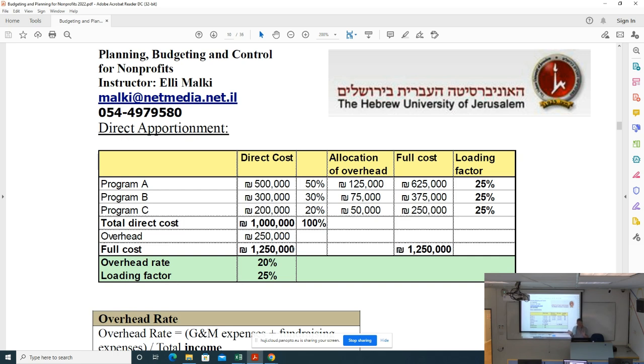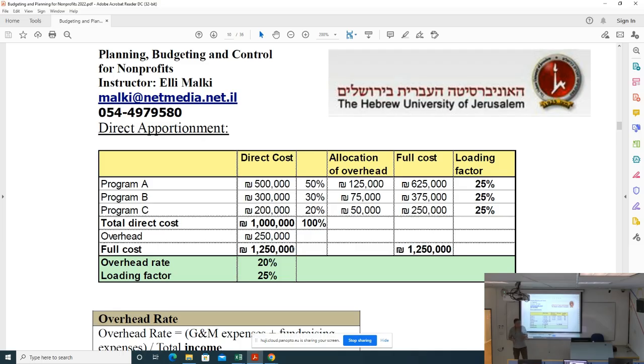In order to make sure that there is no mistake in my calculation, when I sum the full cost of all the programs, I have to eventually get the same number as here. This is my checkpoint. Okay, if I did all the allocation correctly, then the total cost based on full costing has to equal the total cost based on direct costing. Okay, so I sum all the full cost and I get exactly the same amount.